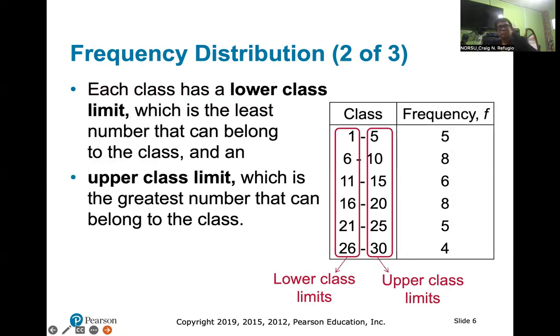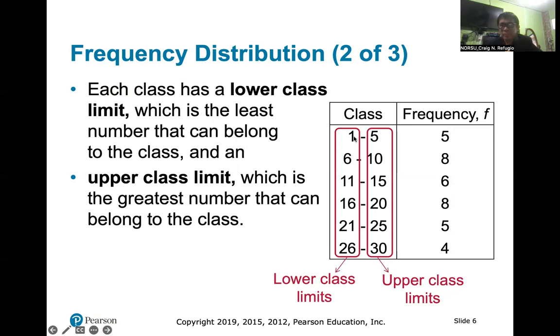Each class has a lower class limit, which is the least number that can belong to the class, and an upper class limit, which is the greatest number that can belong to the class. So if you look at the given frequency distribution, we have 1 to 5, 6 to 10, up to 26 to 30.